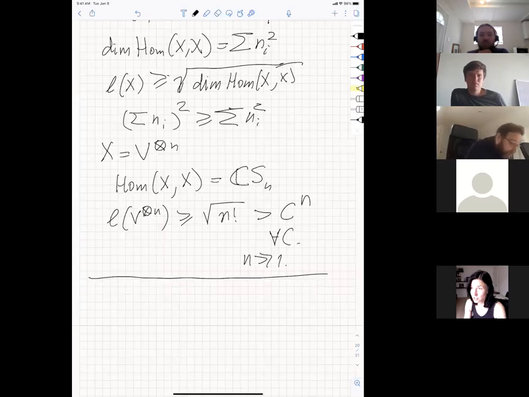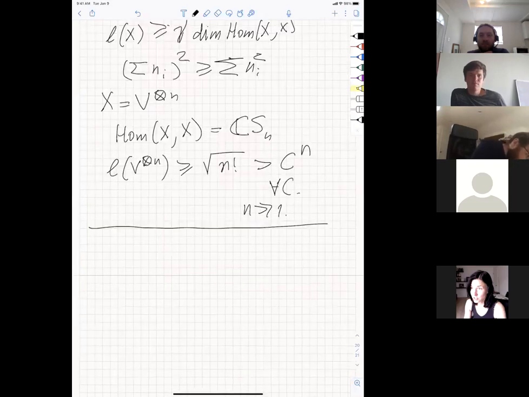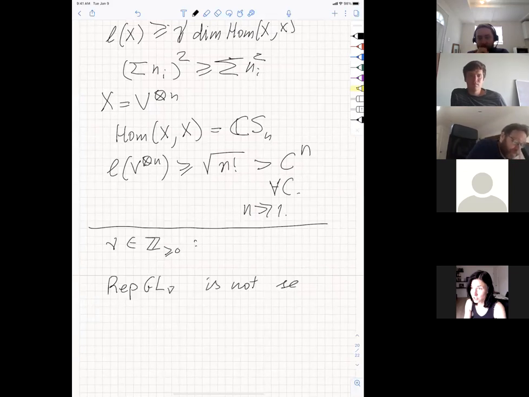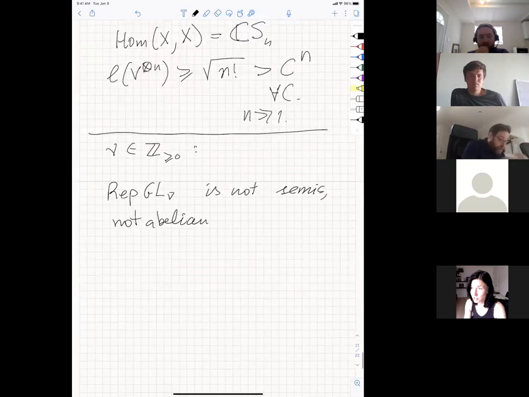So how is it related to the usual category? What happens when nu is in Z, let's say in Z greater or equal to 0? Something very similar happens when nu is negative and integer. In this case, this category Rep GL_nu is not semisimple, and it's not abelian. But you can embed it into an abelian category.